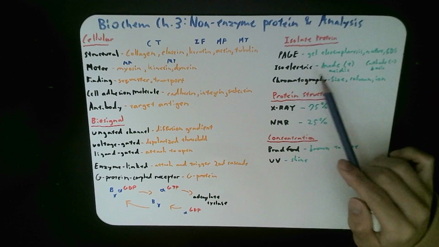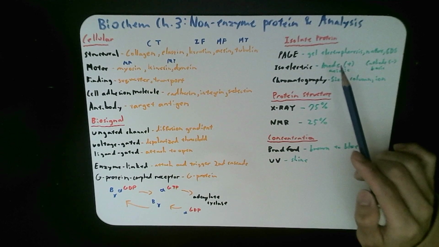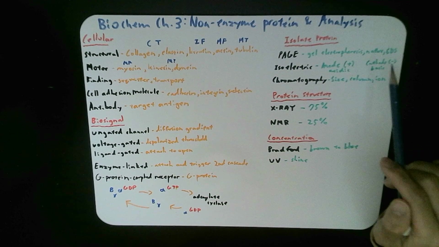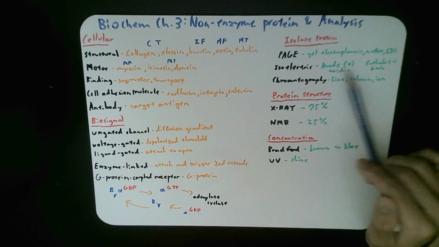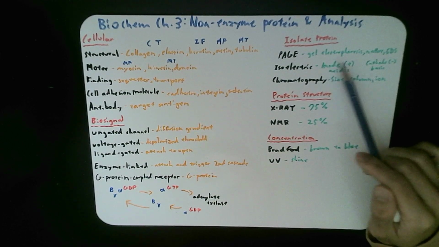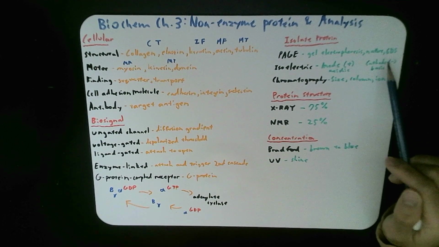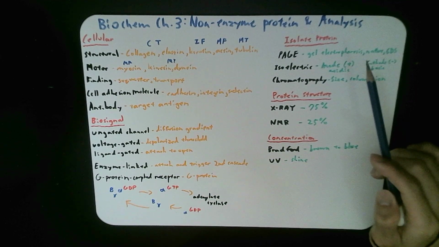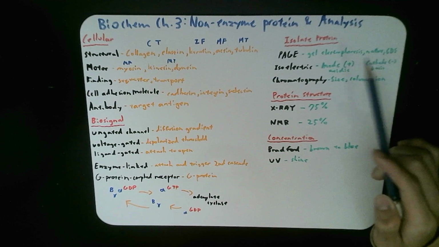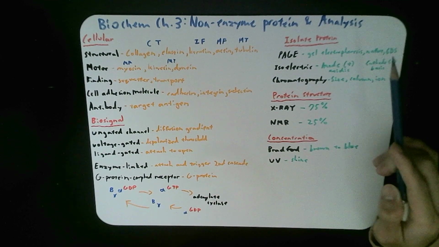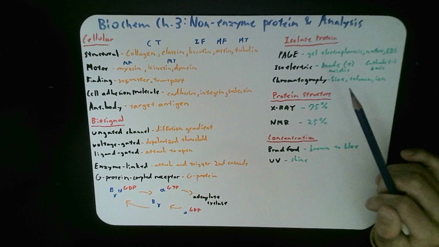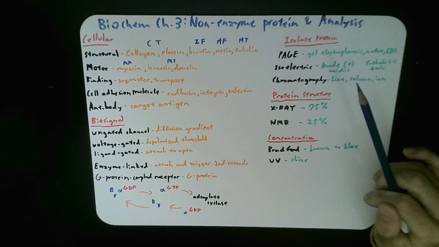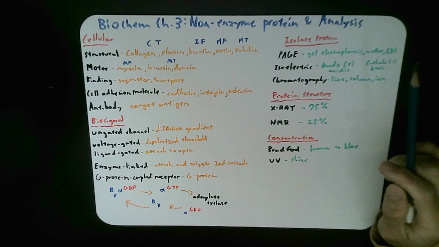In isoelectric focusing, we have anode to cathode, and this is counterintuitive, but here we have acidic at the anode and basic at the cathode. Acidic is positive because of more protons. Remember back when we did our Biochem Chapter 1 unit, we have our amino acids.